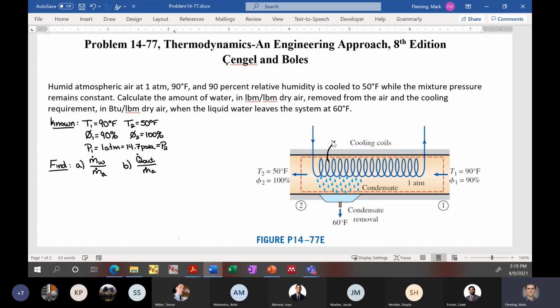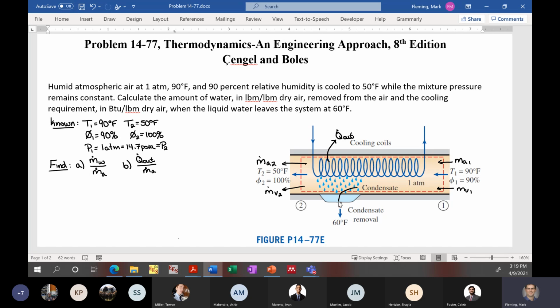In terms of our system setup, we now have heat transfer out of the system. On the right-hand side, we'll have the mass flow rate of the dry air entering and a mass flow rate of vapor entering at state 1. On the left-hand side, leaving, we'll have a mass flow rate of dry air at state 2, and we'll also have a mass flow rate of vapor at state 2. Now we still have one more mass flow rate to account for, and that is the condensate removal.